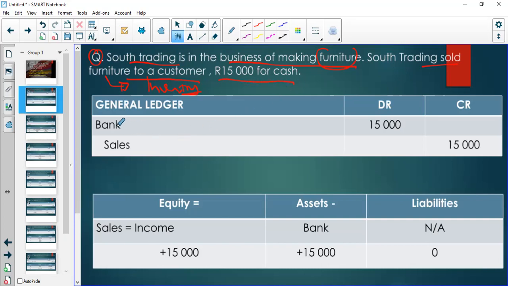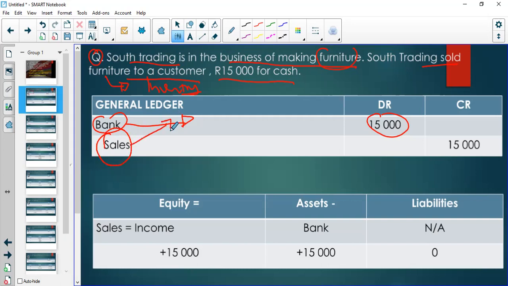So what we know is that because this amount was received, we're going to debit bank. So that's the first leg of the transaction. In a cash received transaction, we're always going to debit bank all the time. Then the source of that cash is going to be credited. In this case, it's sales.